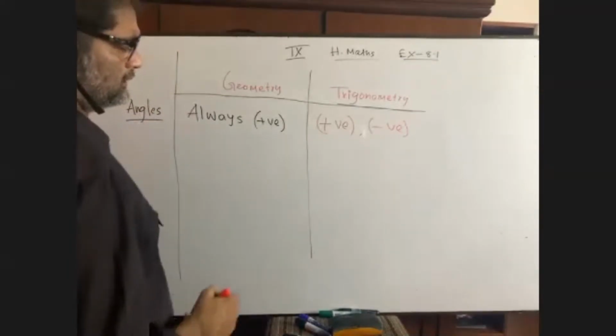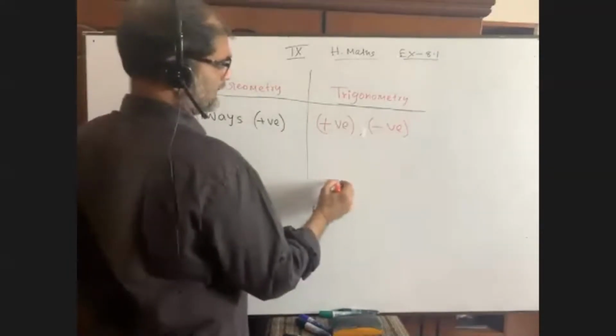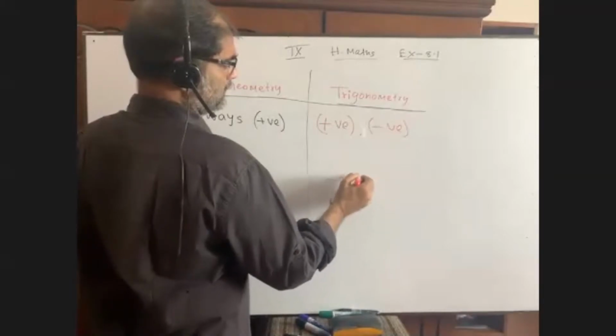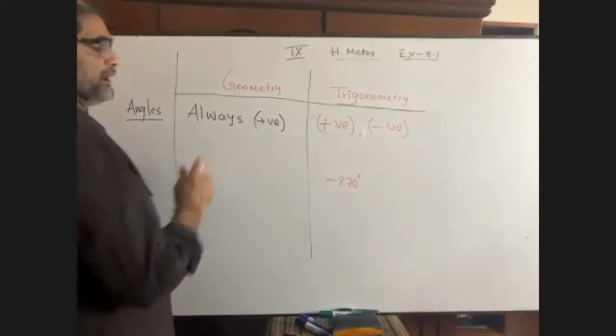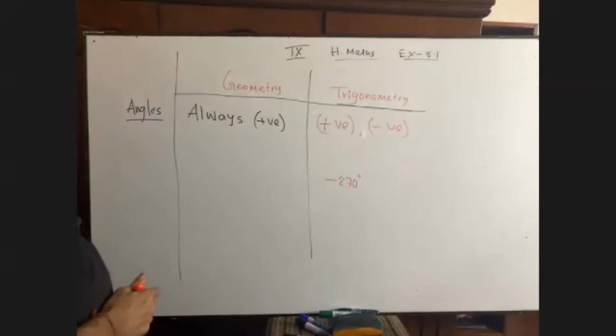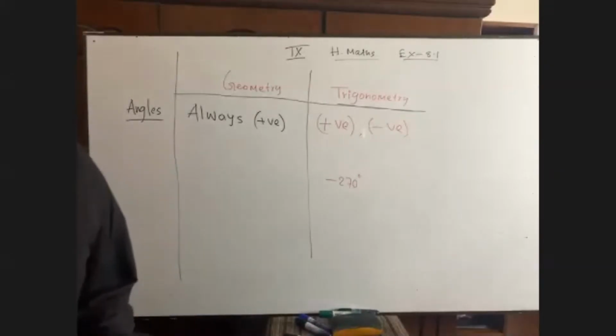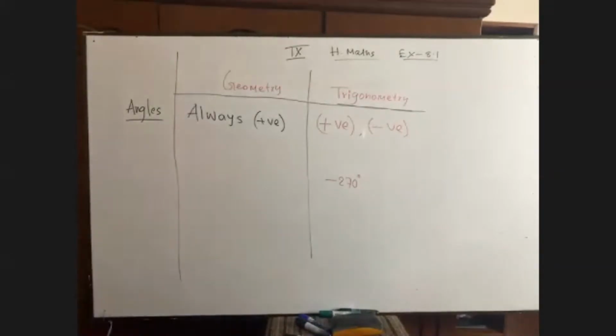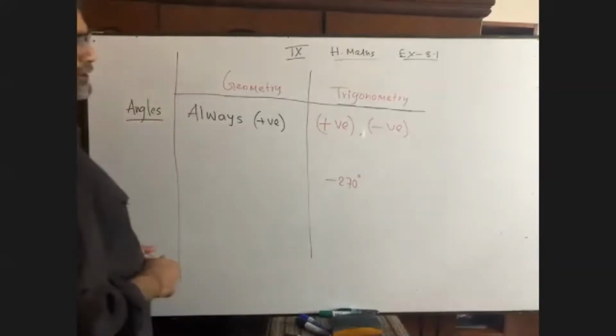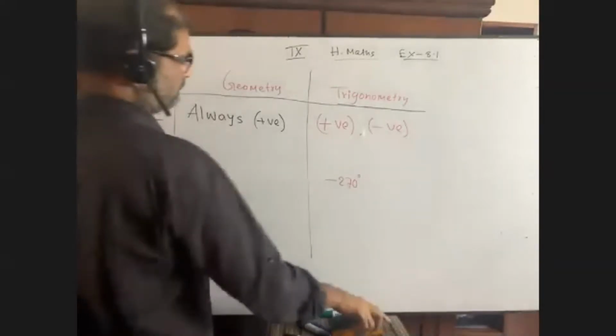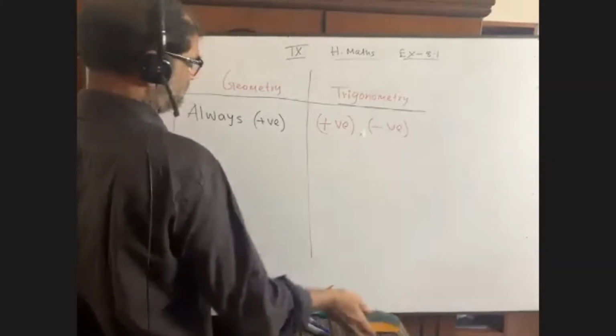I can write an angle of minus 270 degree here, but in geometry we cannot write. In trigonometry, positive, negative, both may be accepted. But in geometry, angles will always be positive. I think I've got it. Yes, sir.